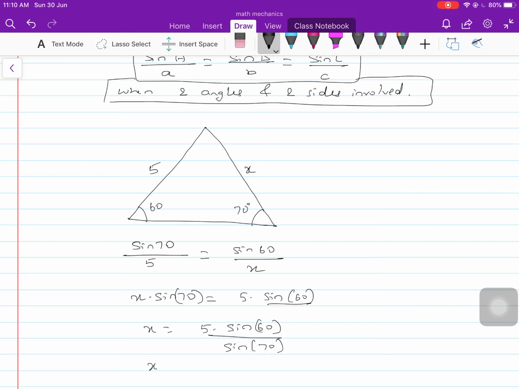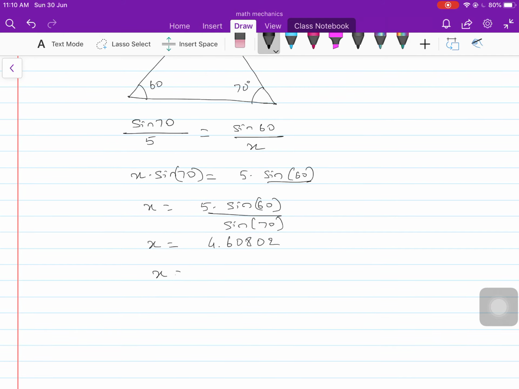If you press this in the calculator, you end up getting 4.60802. So to three significant figures it will be 4.61. Okay, so this is how you use sine rule.